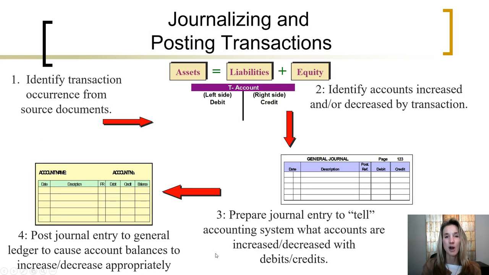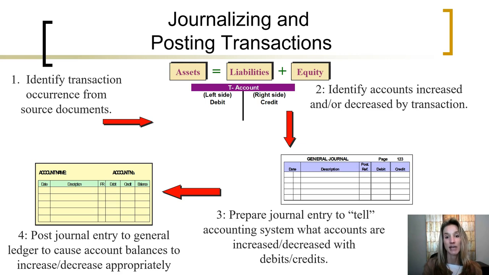So expanding on our prior discussion about the journalizing and posting of transactions, the first step in the accounting process is to identify that a transaction occurred from source documents. Then, once that transaction is identified, we need to analyze the transaction to determine what accounts need to be increased or decreased. We do that by identifying whether an asset account, a liability account, or an equity account is increased or decreased.